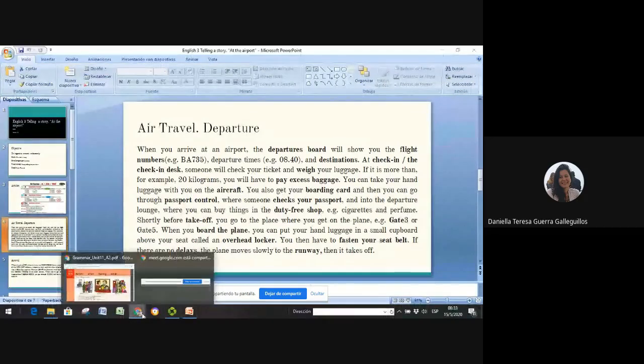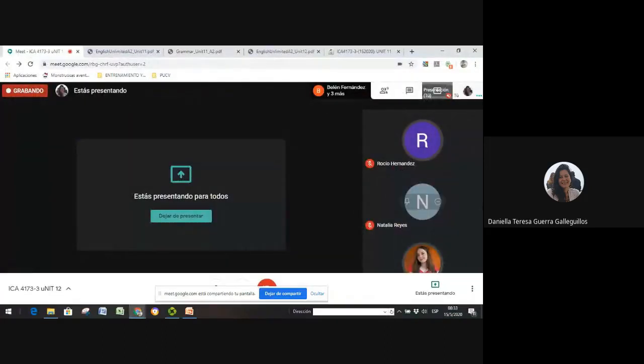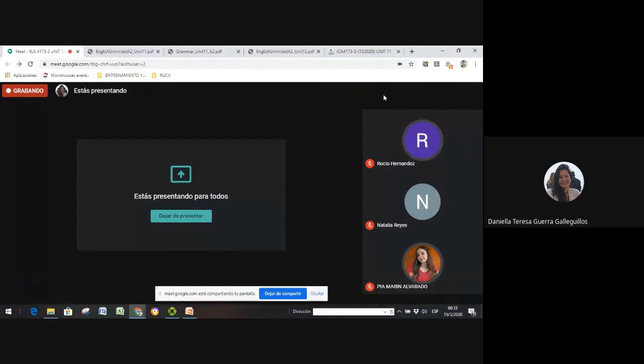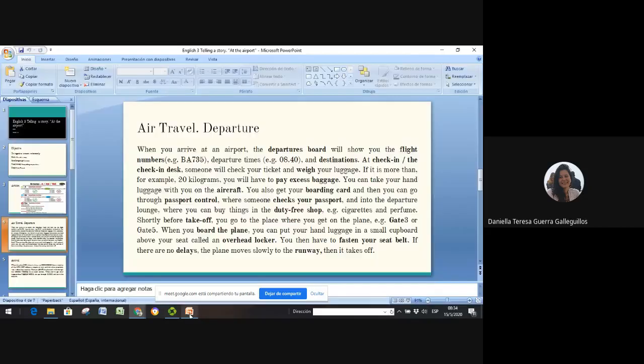So let me see if I remember all the names because I'm not very good at it. Rocio already read. Belén also read. So now Belén, Catalina, Consuelo, Javiera. Remember you four. You're going to help me reading this text, all right?